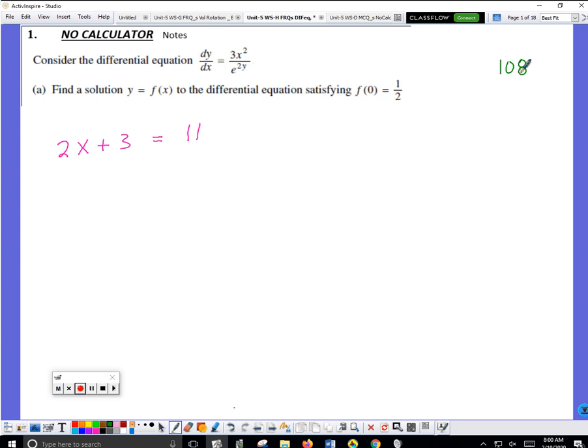There are 108 points possible on the AP test. They are equally divided between the multiple choice and the free response. To get a 4 on the AP test, you have to earn approximately 60 of those points. This will go up and down by 1 or 2 points every year, but not very much.